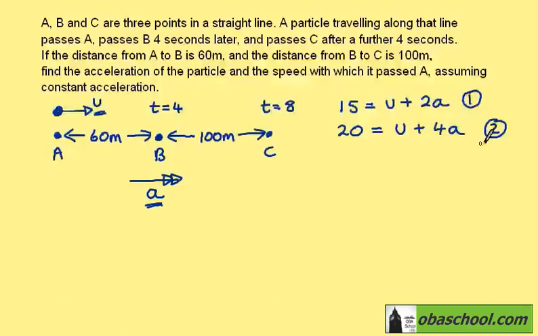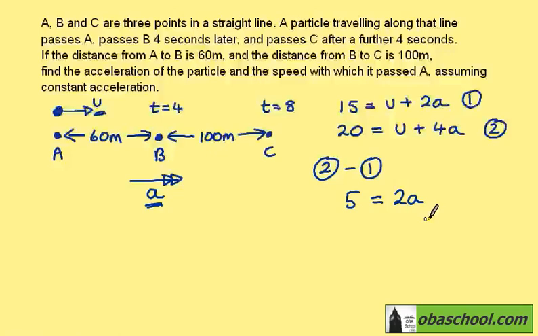These are the two equations, 1 and 2, that we found before. We can solve these simultaneously to find the values of u and a. Equation 2 take away equation 1 gives 5 is equal to 2a.